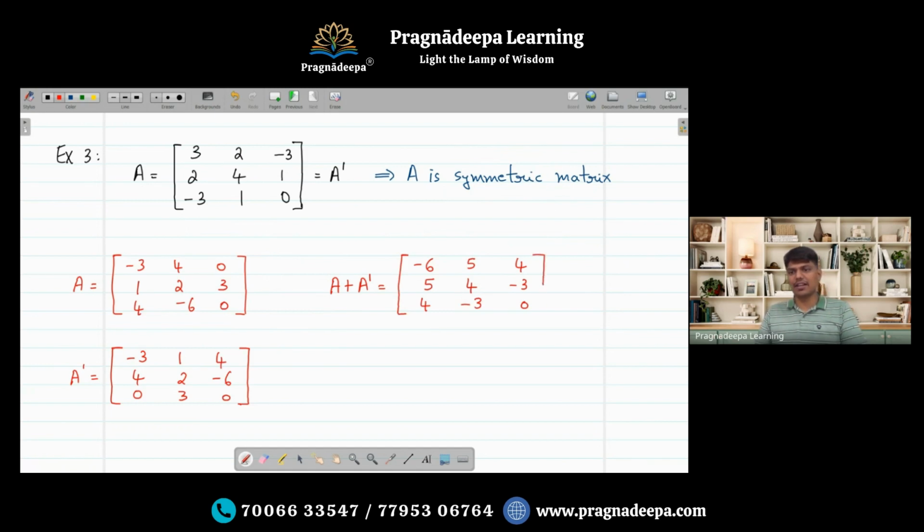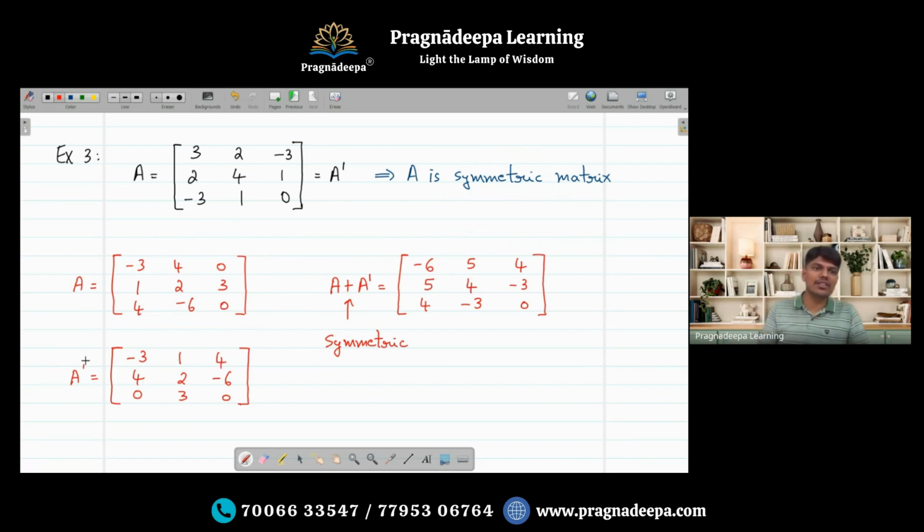Is it a symmetric matrix? So what is the conclusion? Given a matrix A which is a square matrix, we can always construct a symmetric matrix. How? By adding its transpose. Agreed? A plus A dash is always symmetric.